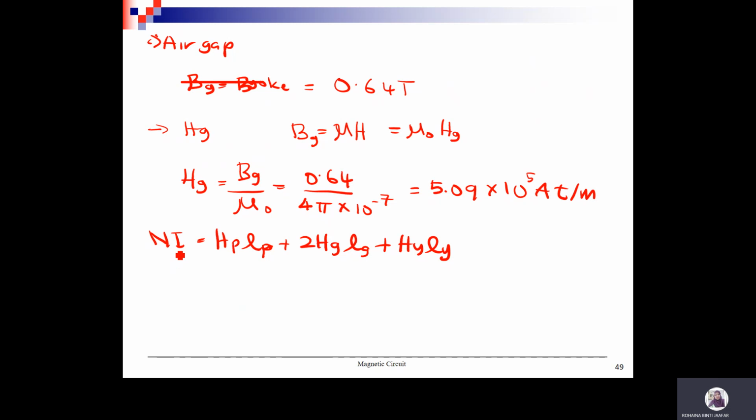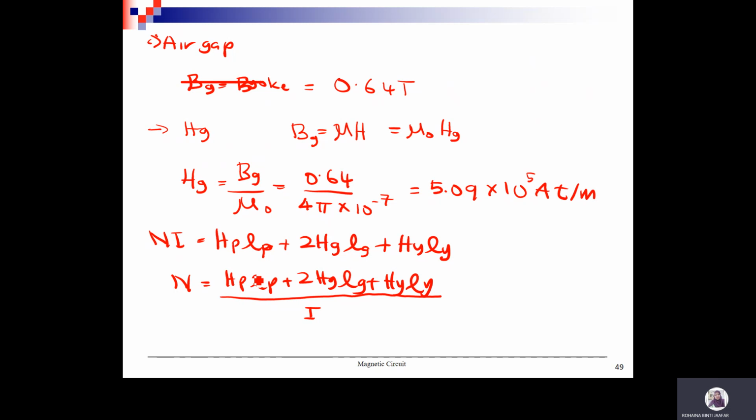The question asks you to find N. So N equals HpLp plus 2HgLg plus HyokeLyoke over I, which is given.